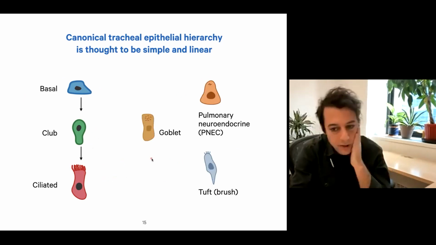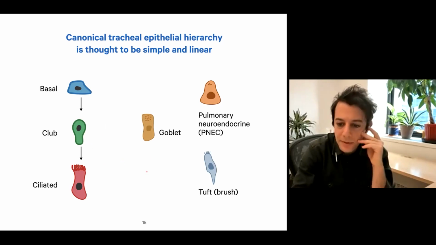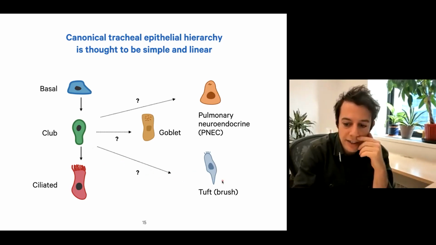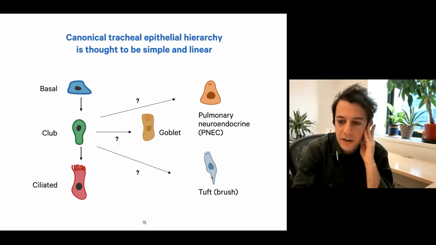But there were also reports of other types of airway epithelial cells, which were perhaps a little less characterized. Certainly the brush cell, which we now think is very much analogous to the intestinal tuft cell, and the pulmonary ionocyte were somewhat less characterized, along with goblet cells.